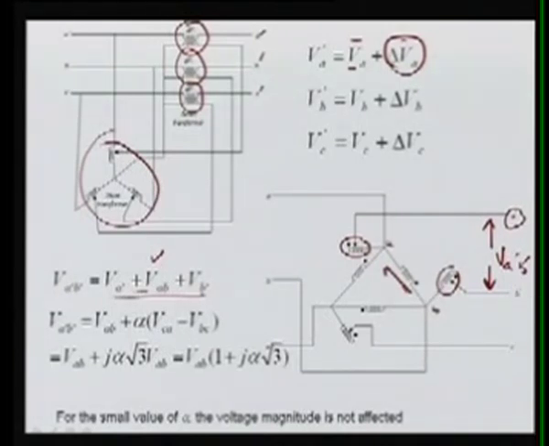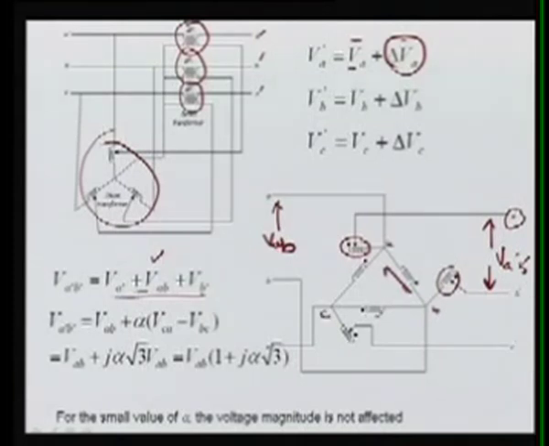Now, you can see we can simplify and we can write VA'B' will be equal to your VAB, that is the line to line voltage on this side, plus the difference involving VCA.